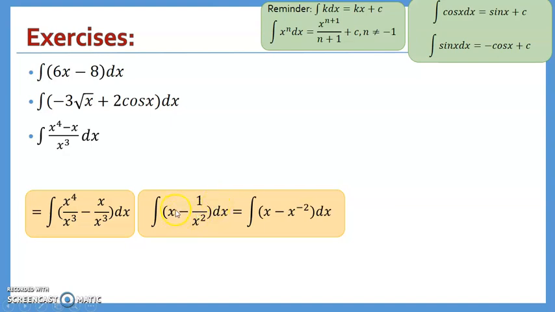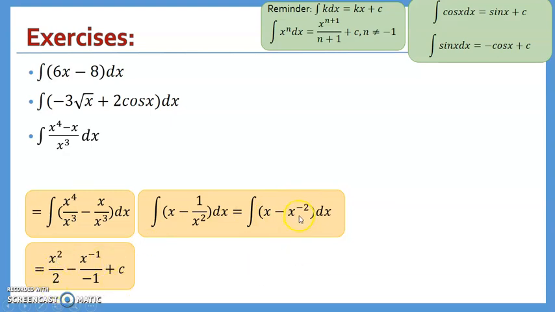Now you can integrate x, but you cannot integrate 1 over x squared yet. So remember from the previous video, if it's in the fraction, you get it up to the numerator, but the sign of the power flips, so you get x power minus 2 instead of 1 over x power 2. Now it has the form of x power n. For the first one, x, you add 1 to the power, so you get x squared, and you divide by the new power.